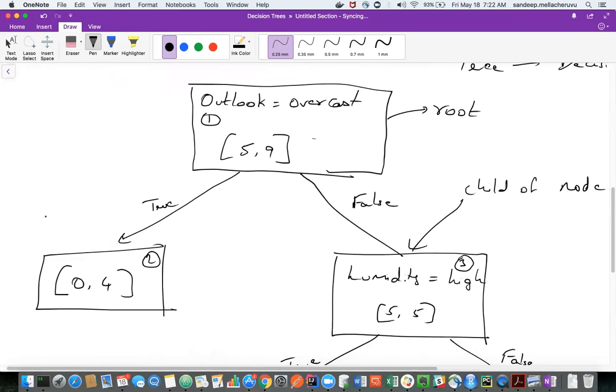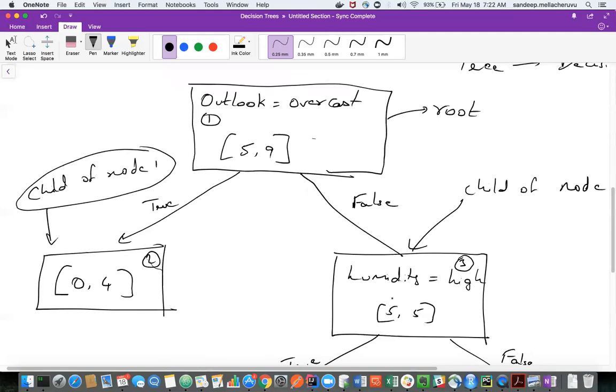This is also another child of node 1. So in this tree, the tree starts from the root node, then it will have some children.